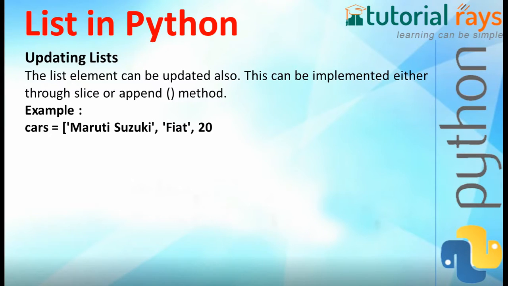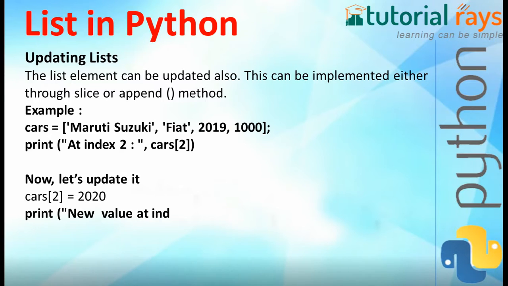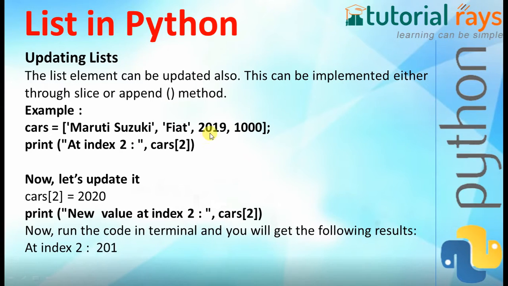And in this section you will learn how to update a list. The list elements can be updated also. This can be implemented either through slicing or append. Example: Maruti Suzuki, Fiat, 2019, 1000, and print at index 2, cars 2.